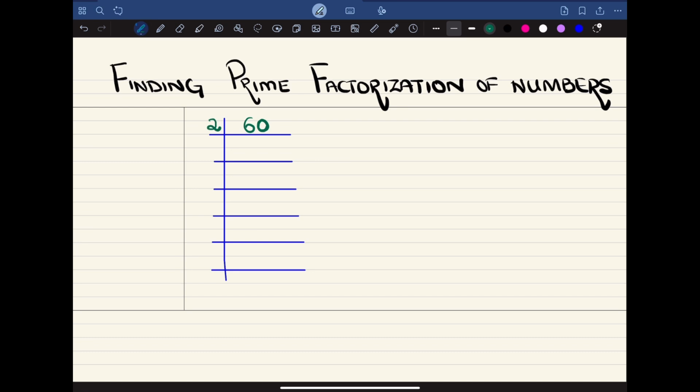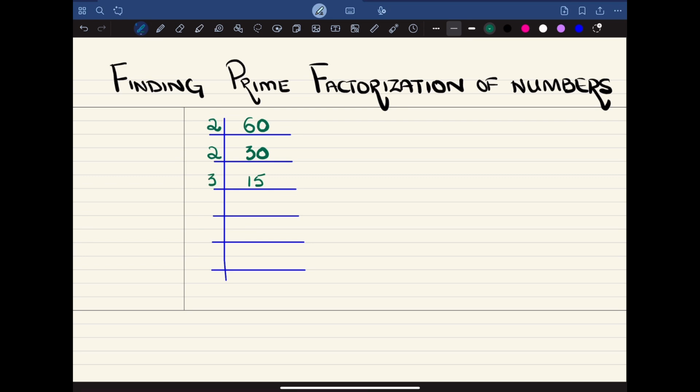I hope everybody knows how to carry out short division. So 2 3s are 6, and 30. If you have an even number, the safest bet is 2. So always divide an even number by 2. 30 divided by 2 is 15.